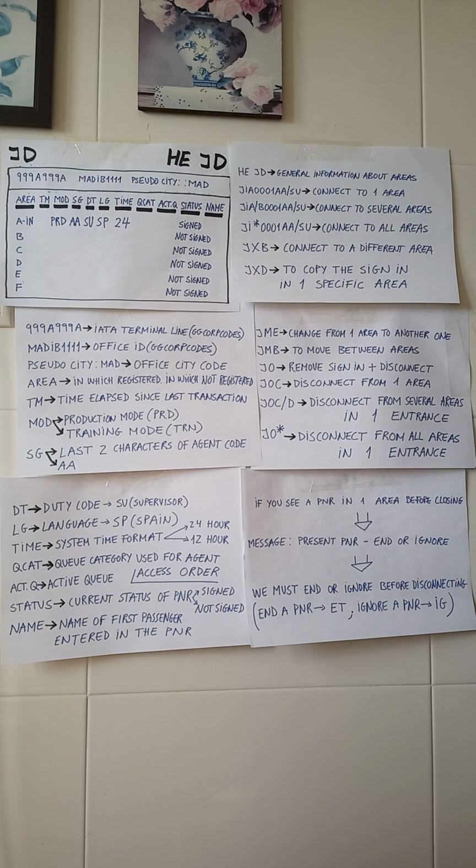As I said before, on each computer there are 6 areas of work: A, B, C, D, E, and F. When several agents share a terminal, a computer, it may be the case that each one works independently in one different area.